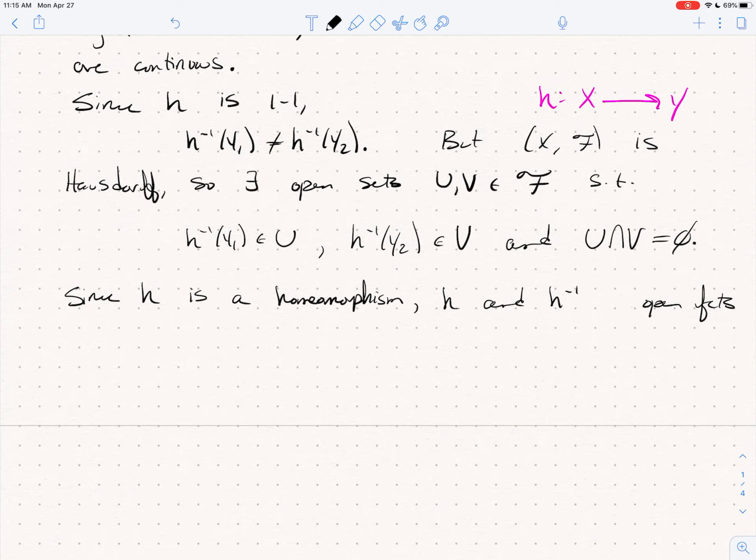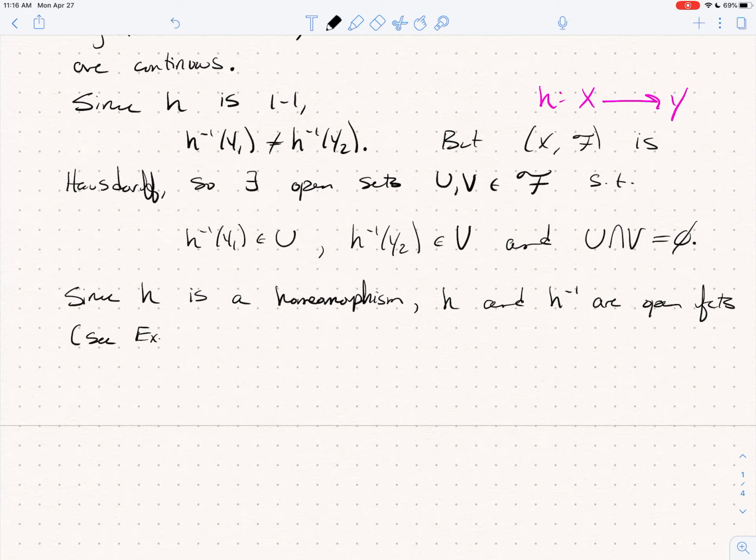I don't remember if I assigned it as homework or not, but you can look at exercise 11 in 3.3, and it tells you that anytime you've got a homeomorphism, then it and its inverse are both open functions and closed functions. All that means is H and H inverse carry open sets to open sets and closed sets to closed sets. So we're going to use that here.